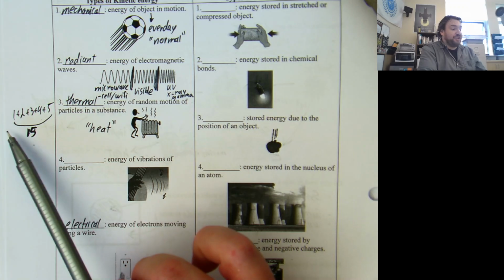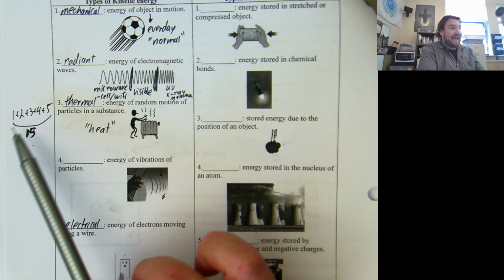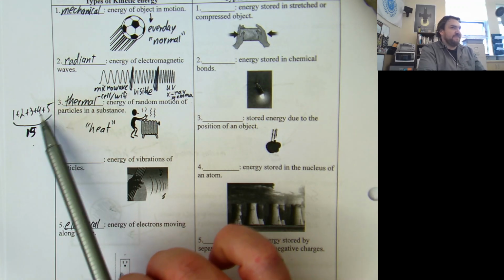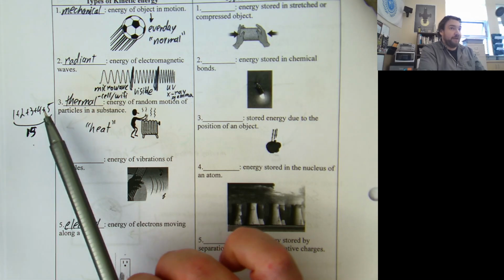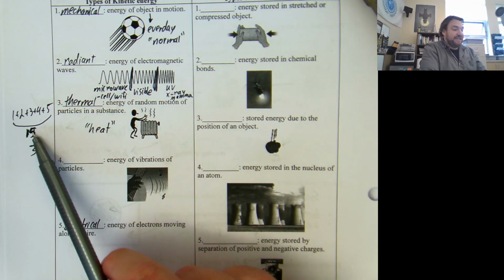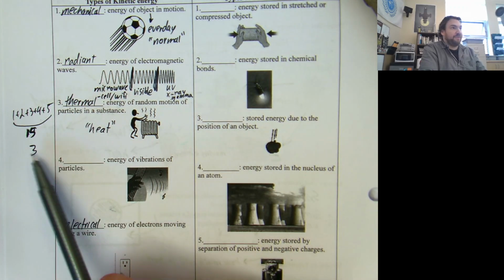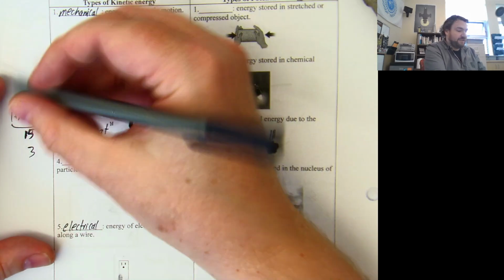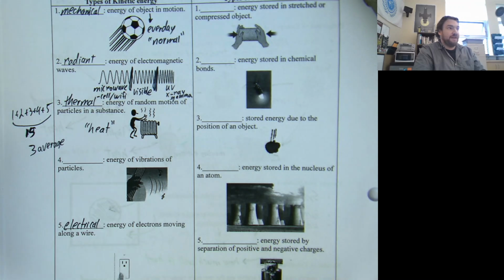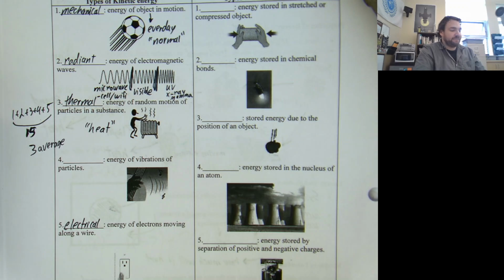But if I want the average, I add them up and I divide by how many there are. There's 5 numbers here. What's 15 divided by 5? 3. So 15 would be the thermal, the heat would be 3. This would be the average. So there's a fundamental difference there between thermal and heat, but they are certainly related.